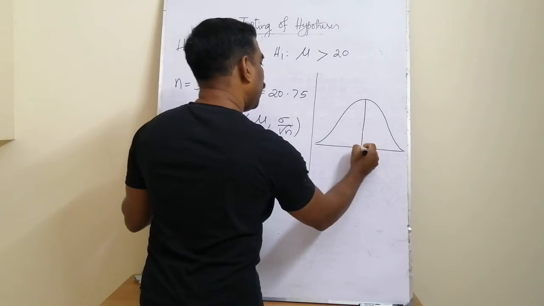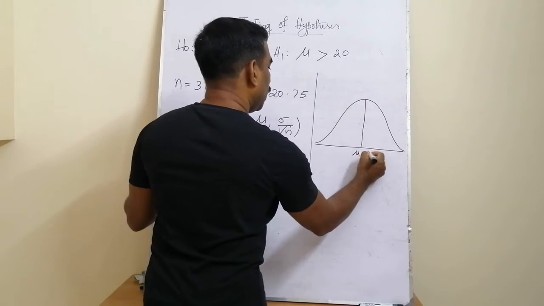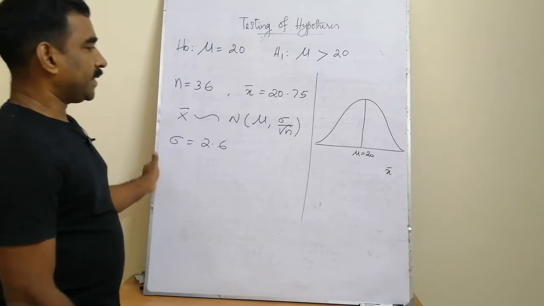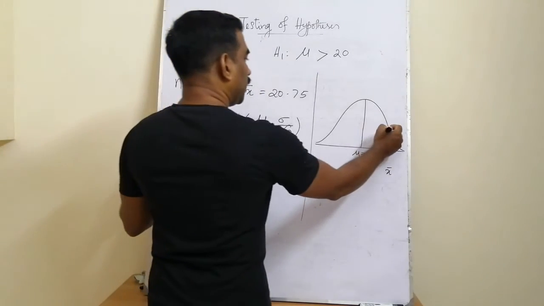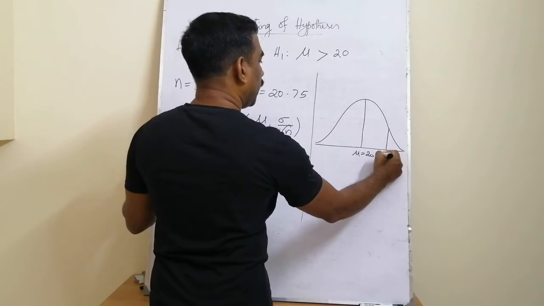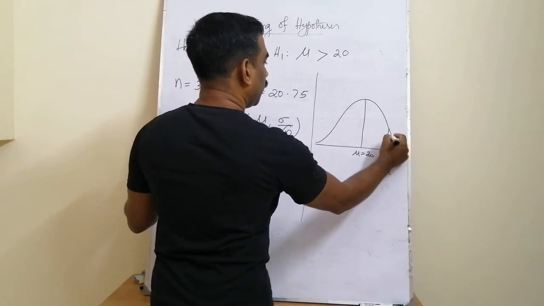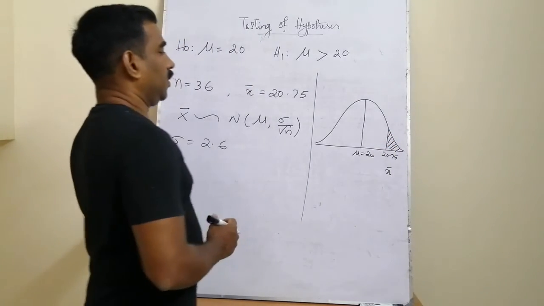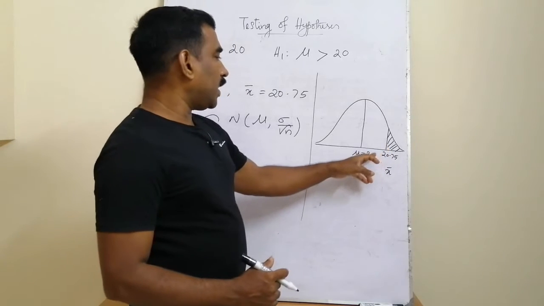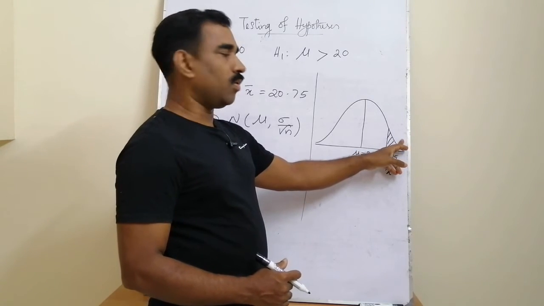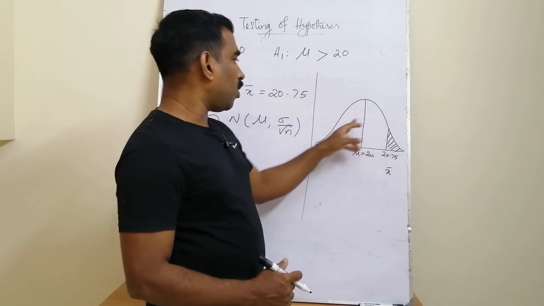So this is the mean value, mu is equal to 20. Suppose we are plotting different sample means along the x-axis direction, and we are fixing one number. That means if the computed mean is greater than 20.75, we will reject this hypothesis. So that area to the right of 20.75 is called the critical region or rejection region, and the complement region.